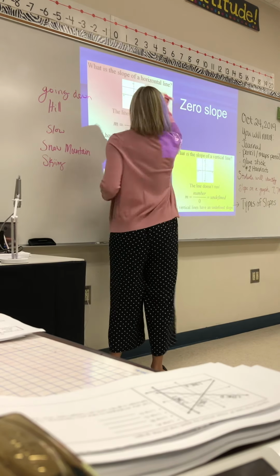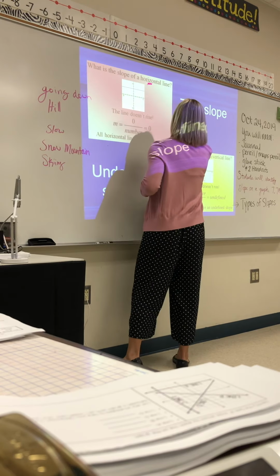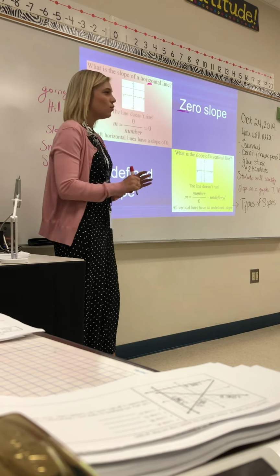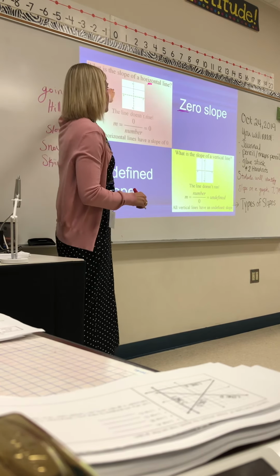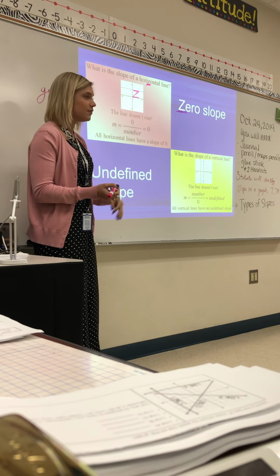In horizontal lines we have a Z, right? So we can remember horizontal Z. We can also use our line and our x-axis to create a Z on our graph. So then we can say, oh, I can create a Z, it's a zero slope. Or you can remember the horizontal line for zero slope.